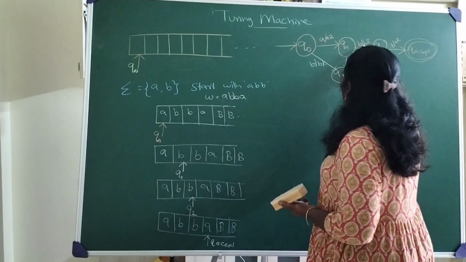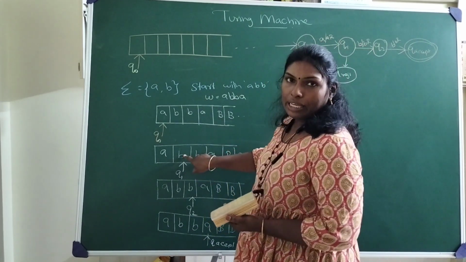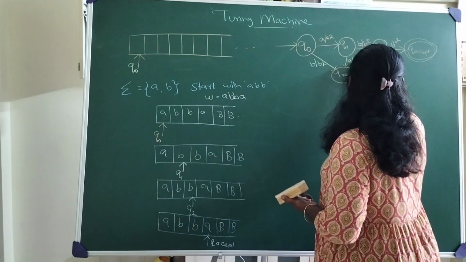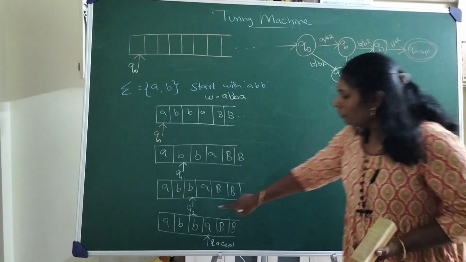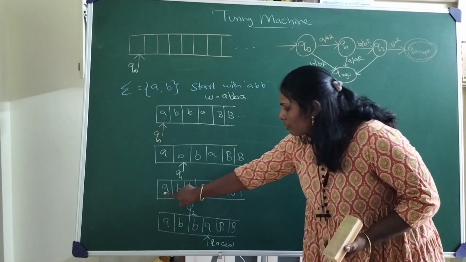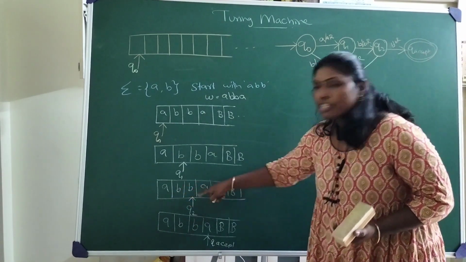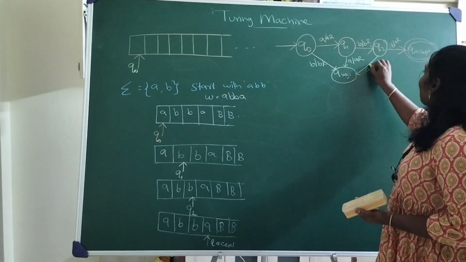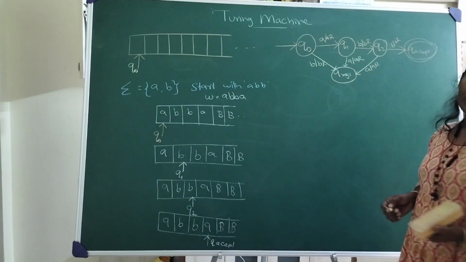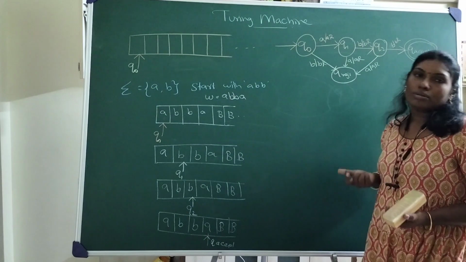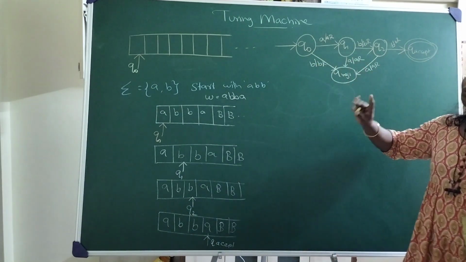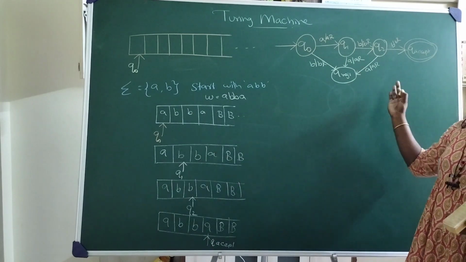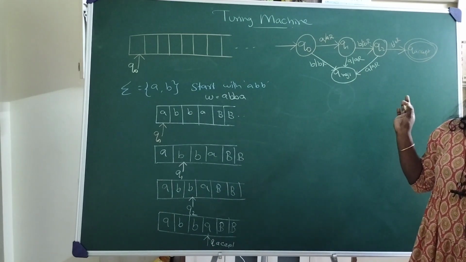Or if my next element is in Q1, I want a B, but instead of a B, if I have an A, I can reject it. And similarly in Q2, I need a B, right? Input should start with A, B, B. If it is not B, you have an A here, then we can go for the Q rejection state. So rejection is also allowed over here, a special rejection state where whenever you know that the input is going to be rejected, we are going to trace it over here.